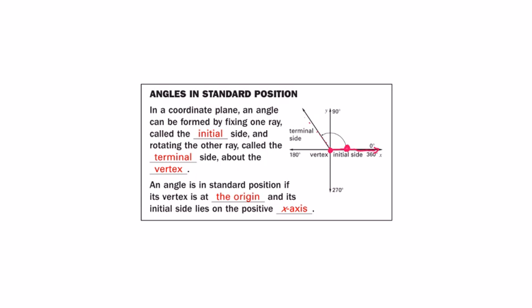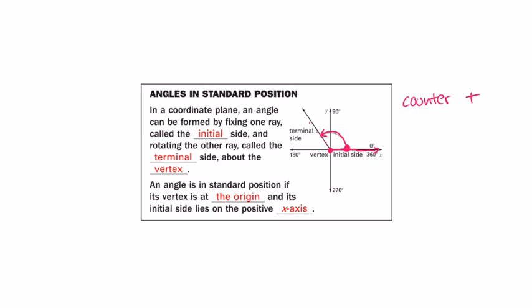you are always going to have a point starting at the initial side, and then the arrow tells you whether the angle is going to be positive or negative. Since I am rotating counterclockwise here, counterclockwise is going to be positive.